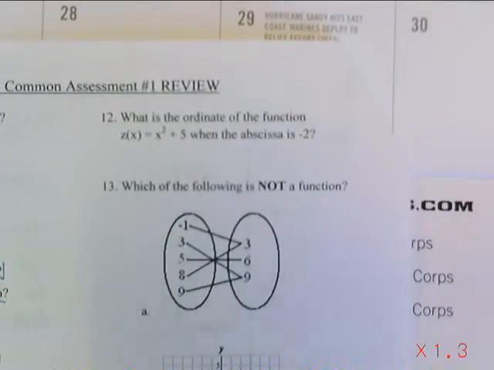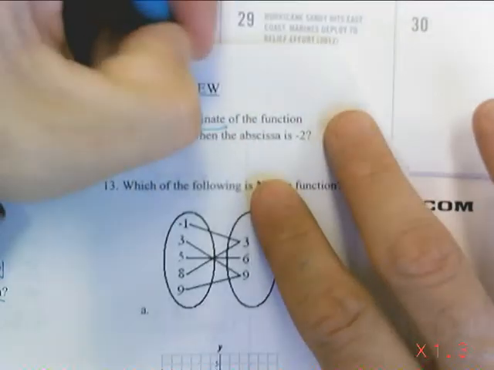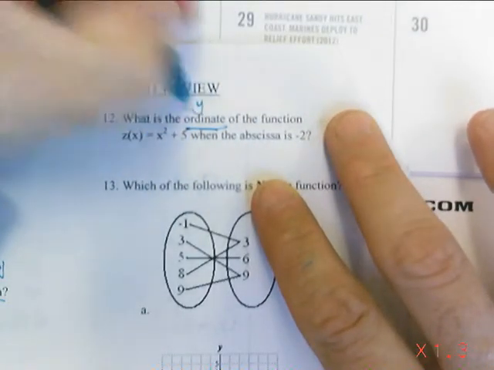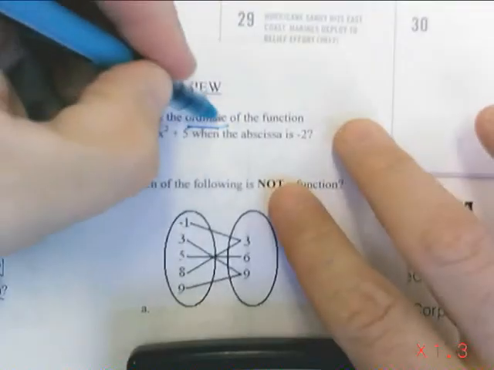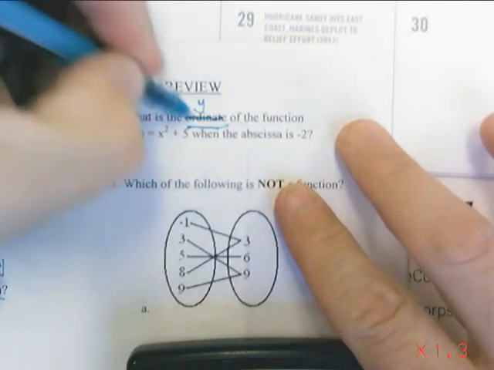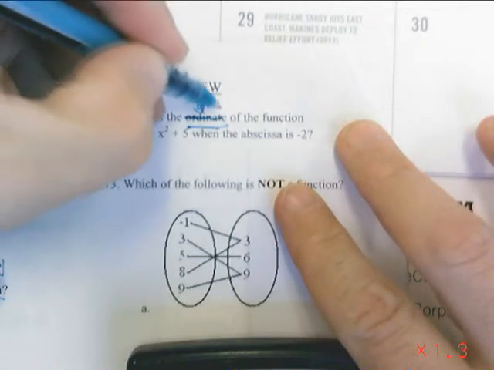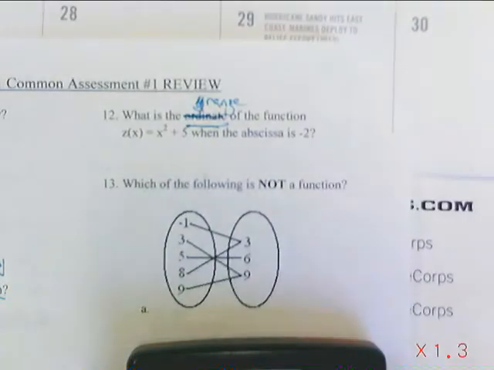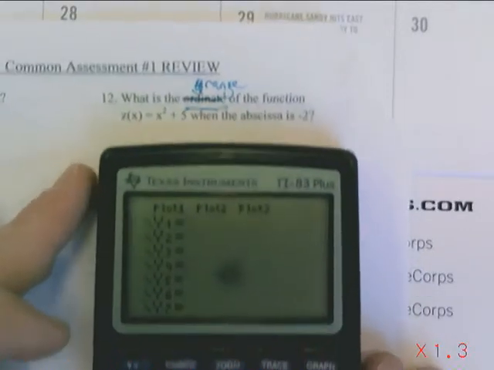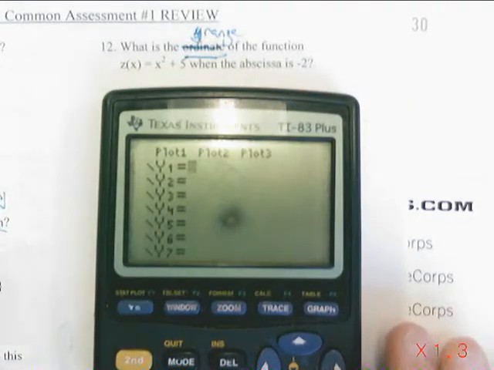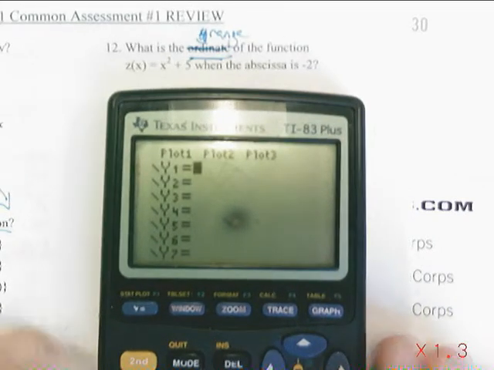Okay, what's the ordinate of the function? Ordinate talks about the y. So what's the y? I saw someone do this the other day. They cross off the word ordinate and they put in the word range to help them remember. That's a good strategy if you can't remember. So my function is x squared plus 5. So go put x squared plus 5 in the calculator.